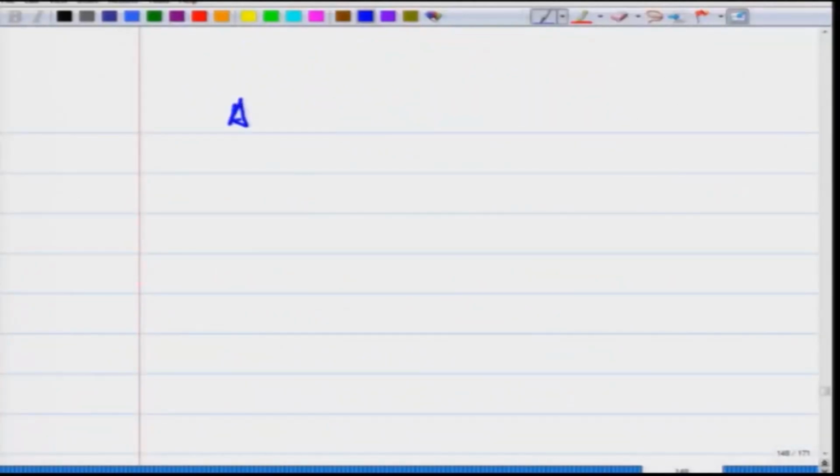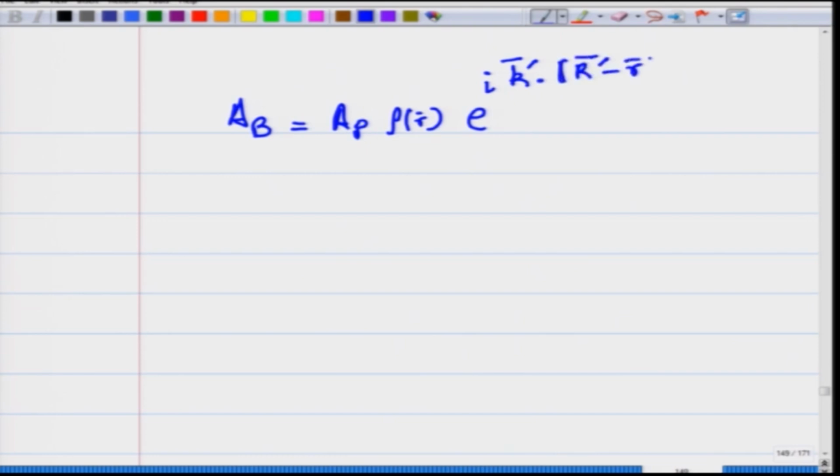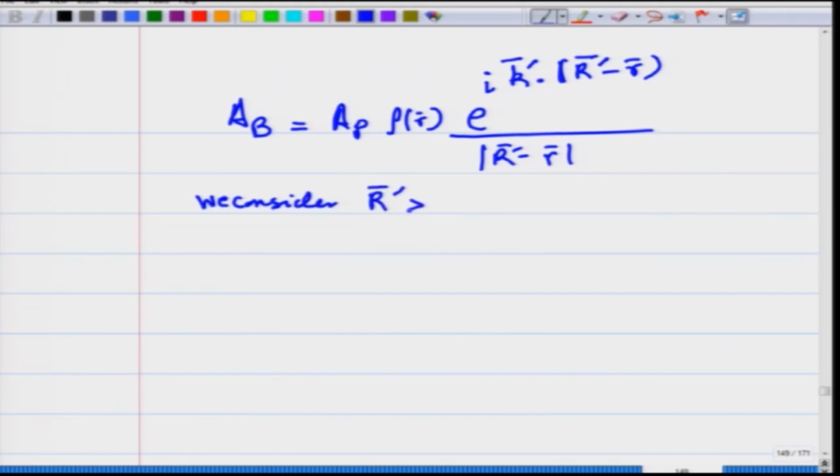So, the amplitude at point B is the amplitude at point P times the density at point P times e raised to i k prime dot (r prime minus r) divided by the magnitude of this vector r prime minus r. And for all practical purposes, we consider that r prime is much larger than r, okay.